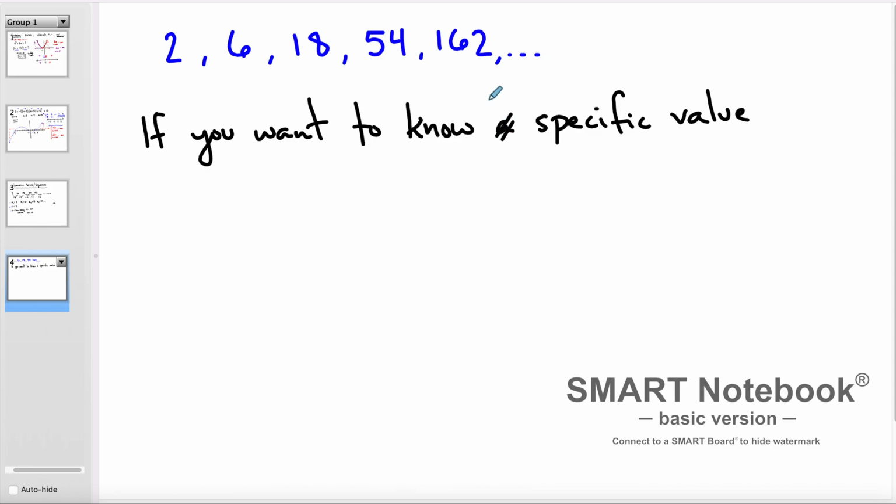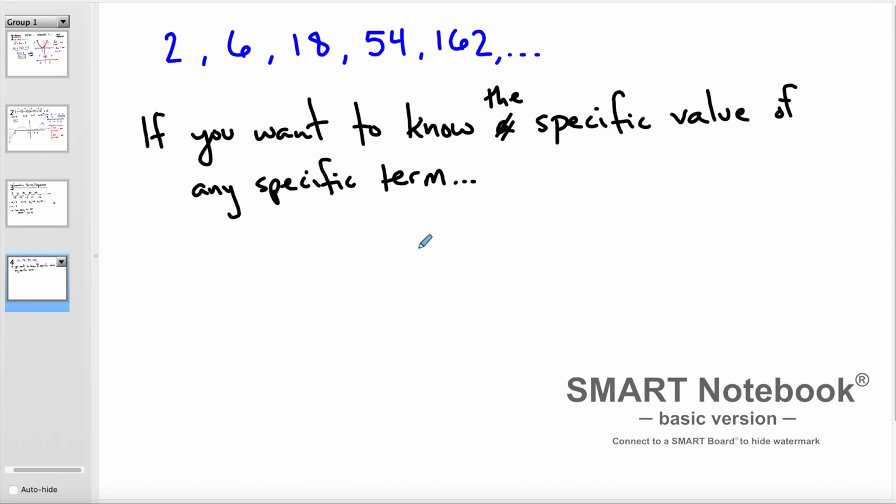If you want to know the specific value of any specific term, you use the following formula, right?